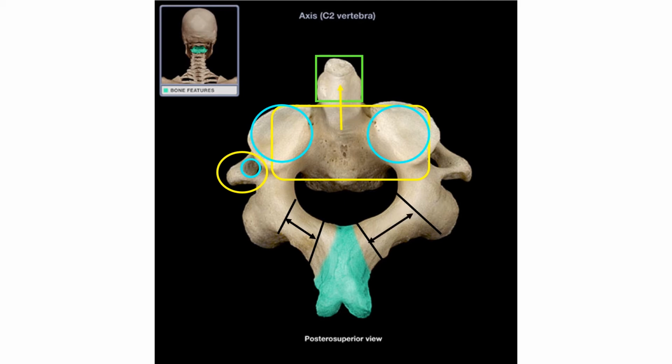And when these two laminae unite posteriorly, they give the spinous process. Now, the spinous process of cervical vertebrae is bifid, dividing on its posterior side. So this is the spinous process of the axis, the C2.